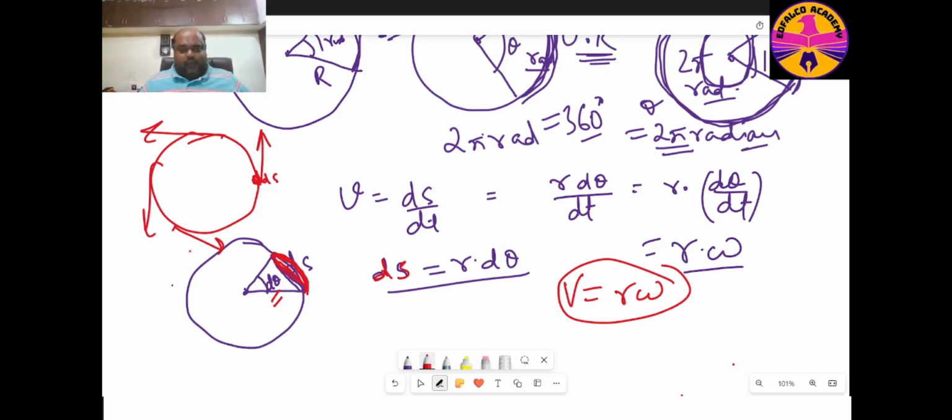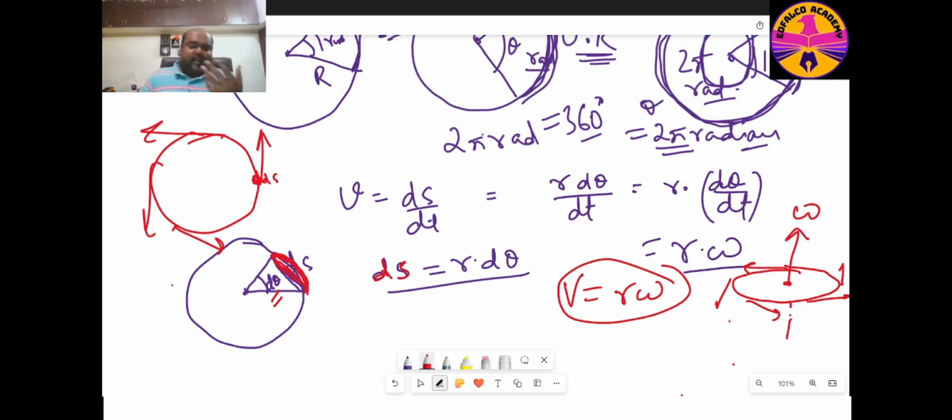So omega will be pointing perpendicular to the plane of motion, right? So if suppose the plane of your circular motion is this, velocities are going to point like this, tangential at each point, and the omega will be in the direction perpendicular to this plane, in the upward direction. So that is the direction of omega.